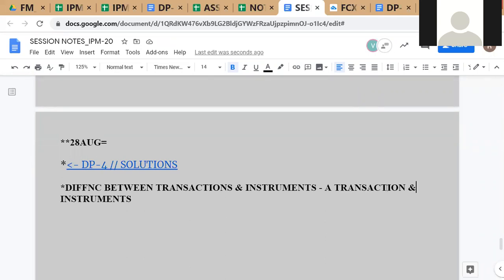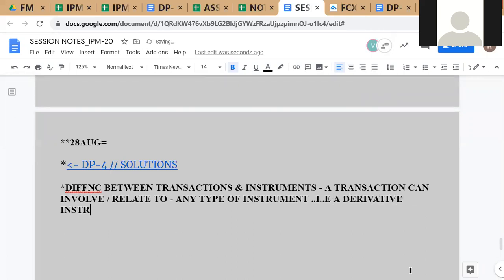Okay, so I'm not giving the full definition here, but a transaction can involve or can relate to any type of instrument that is a derivative instrument, or, for example, spot instruments which are not derivatives.